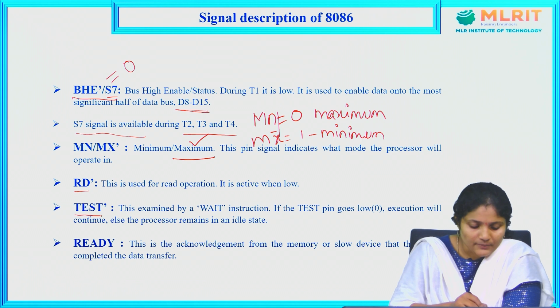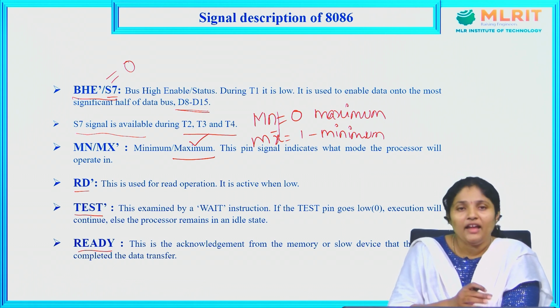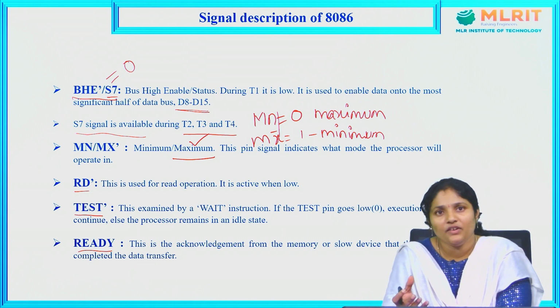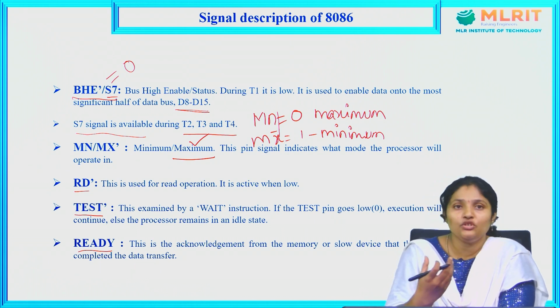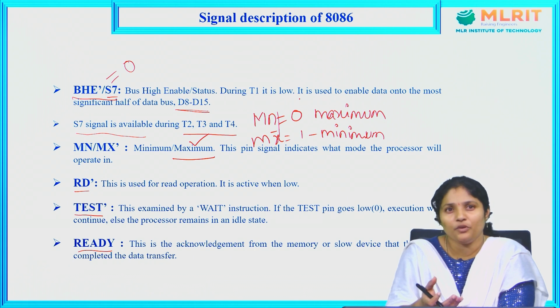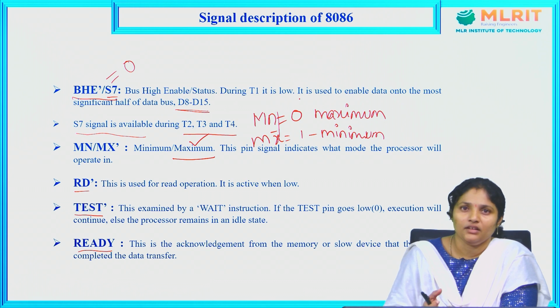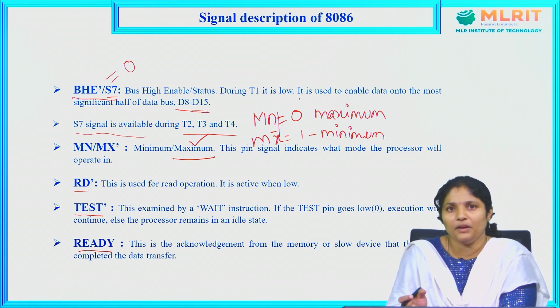Next, test bar and ready. Here, test bar. As you all know, the microprocessor is a fast processor. The other peripheral devices which we connect to the microprocessor need to match its speed, but they can be called slow devices. For example, a microprocessor can give the instruction to print 100 papers to the printer.